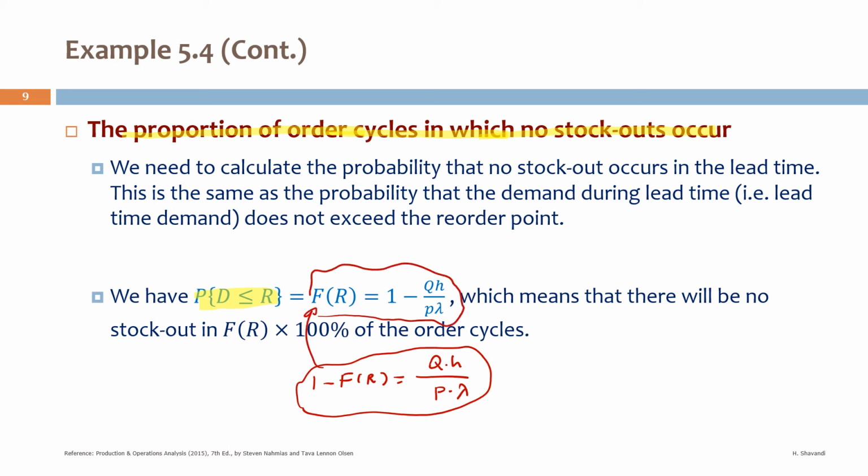This will be the probability that we won't have a stockout during the lead time, and if you multiply this ratio by 100%, that will be the percentage of having no stockout during the ordering cycle.